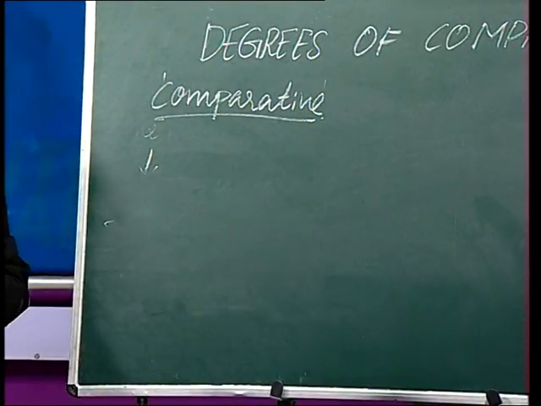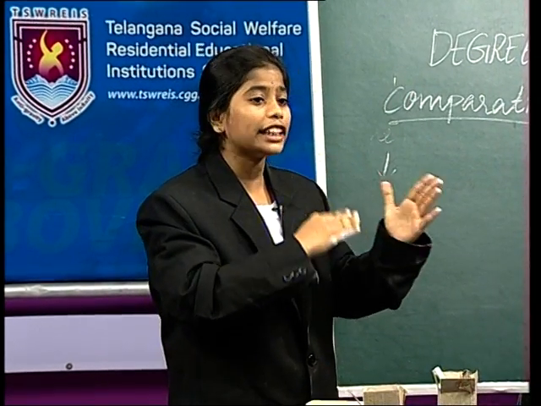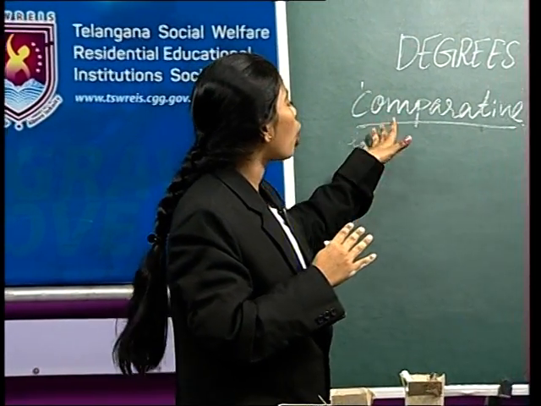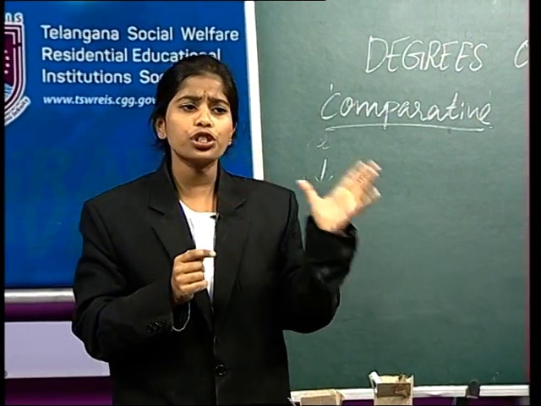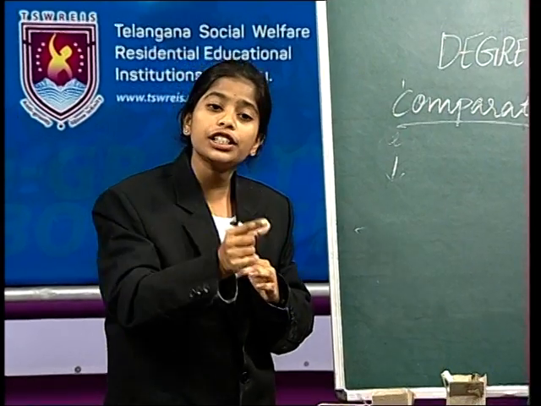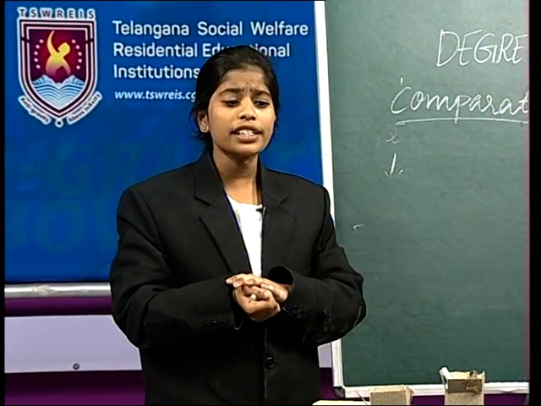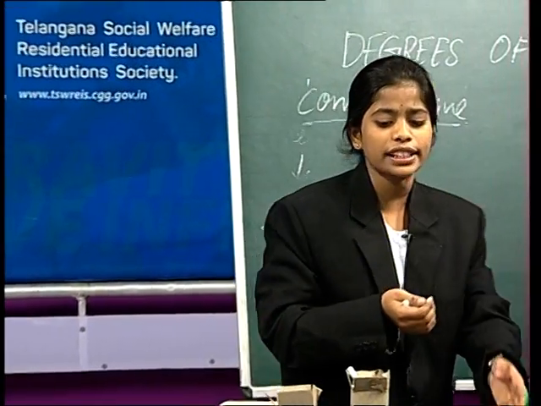So comparative is when two nouns, two things, are compared. Most of the comparative forms are formed by adding to the positive form of the adjective. So my dear friends, let us have a glance at the chart.